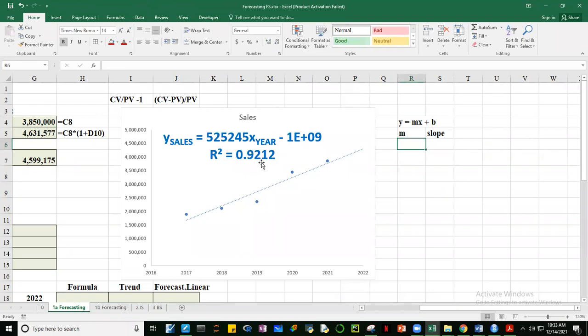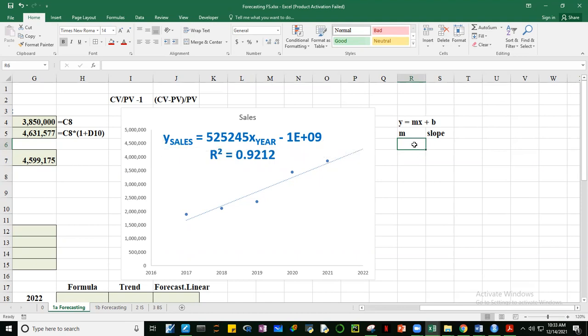Ibig sabihin, for every 1 unit increase in your year, there's a corresponding 245 pesos increase in your sales. For every 1 unit increase in your X, there's a corresponding 245 units increase in your Y, in your sales. So that's the meaning of that.